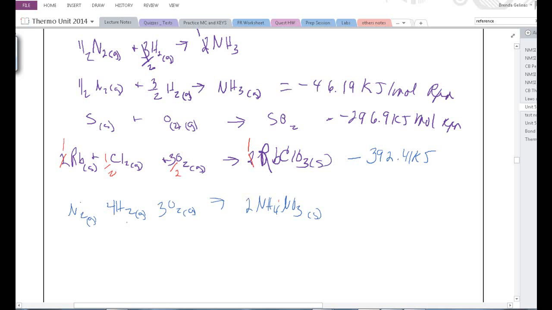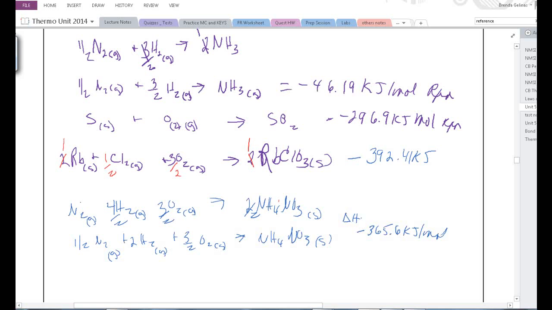So I'm going to have to halve all of these. So I'm going to end up with 1/2 N2 plus 2 H2 plus 3/2 O2 will give me NH4NO3 as a solid. All of the reactants are gases. And if I look up ammonium nitrate on the table of enthalpy of formations, I get minus 365.6 kilojoules per mole. And that's the change in enthalpy of formation.